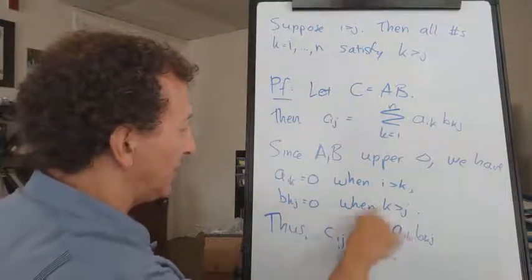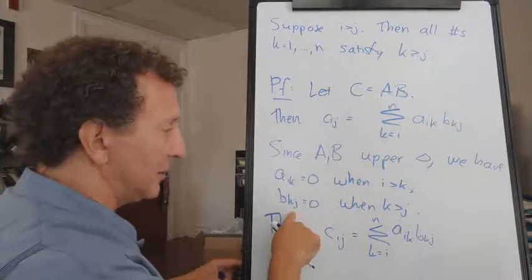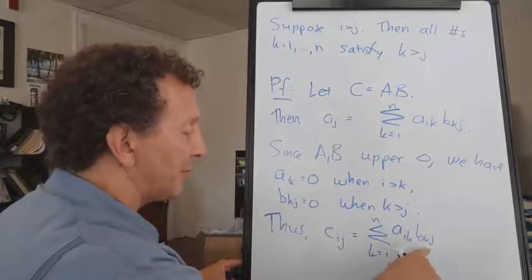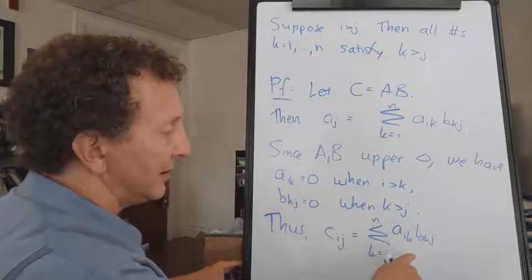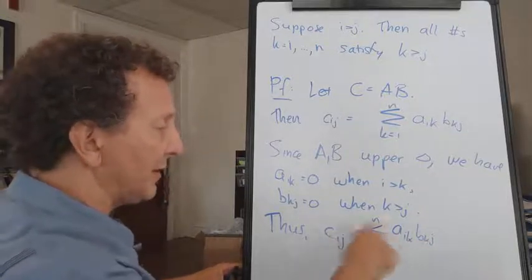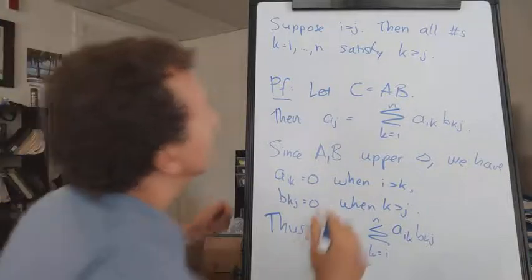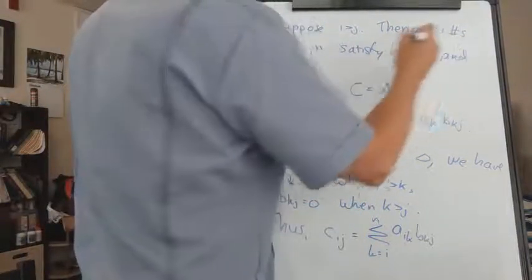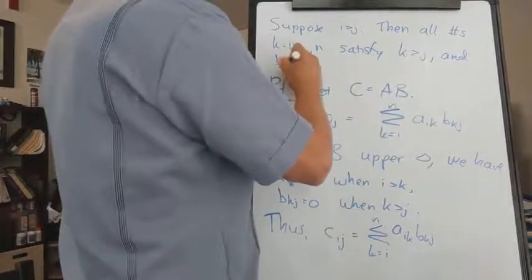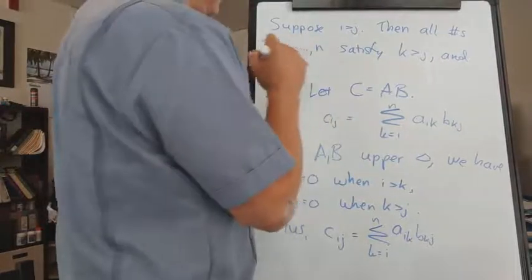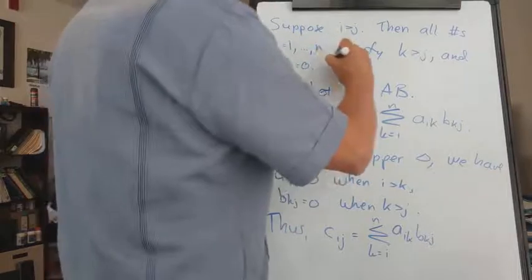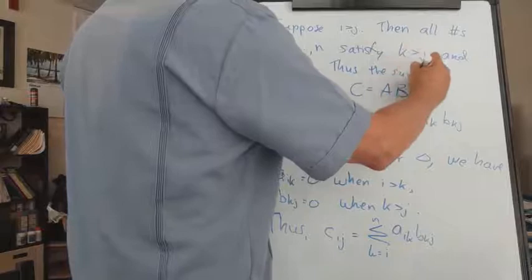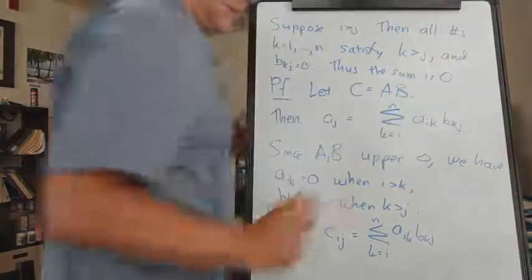But if k is greater than j, then b_kj is 0. So that means that all the factors b_kj in the terms of the sum are going to be 0, and then the terms of the sum are going to be 0. So that means the sum is 0.